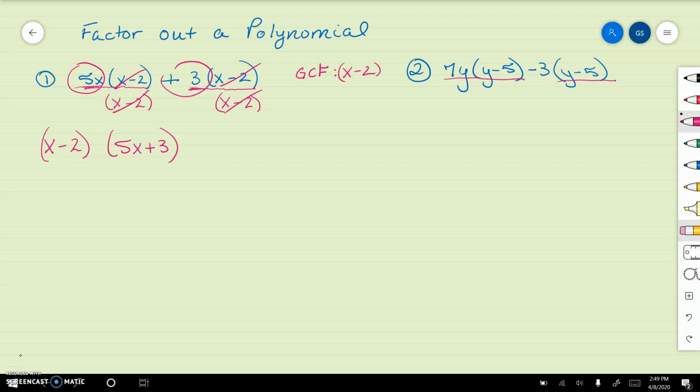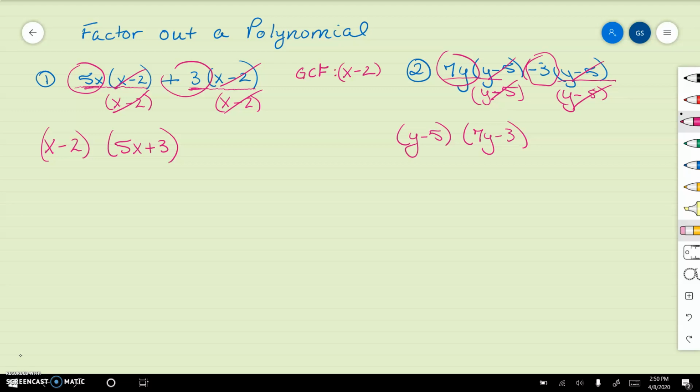That is our first factor, y minus 5. Our second factor we're going to find by seeing what's left over. So we divide by y minus 5 on both sides. They all go away. Now what we're left with is 7y minus 3. I got that from here and here.